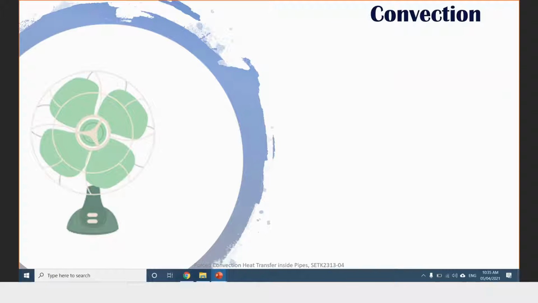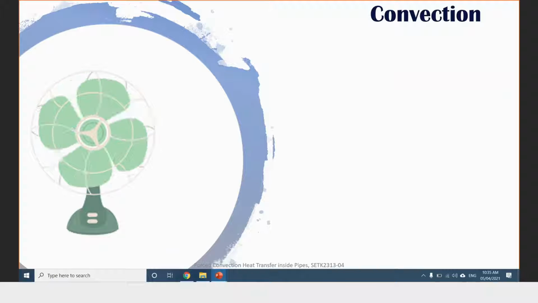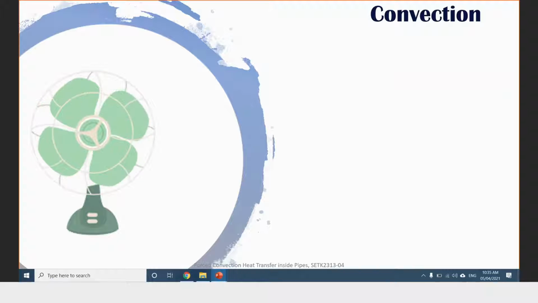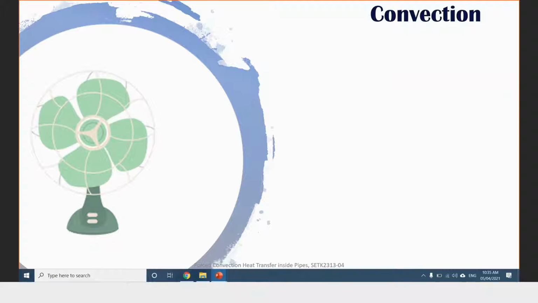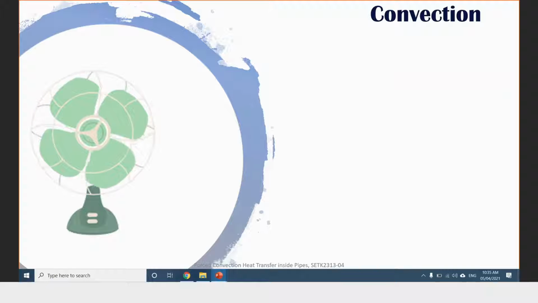Convection usually happens within a fluid, where for natural convection, the temperature differences will cause a difference in the buoyancy of the fluid. So it will become either lighter or heavier.